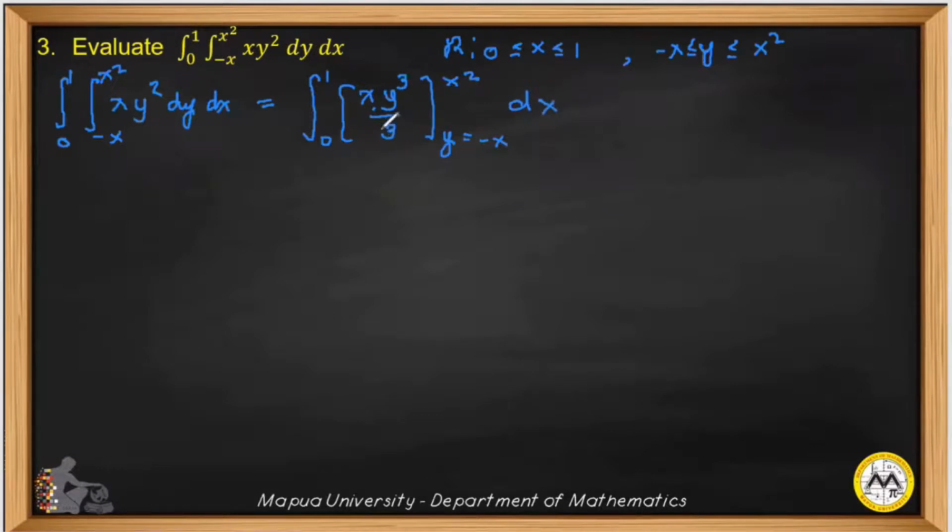It will be more convenient if we write 1/3 before the integral sign. So writing 1/3 before the integral sign gives us the integral from 0 to 1, and we will evaluate x y cubed, where y goes from negative x to x squared. Then do not forget the differential of x.